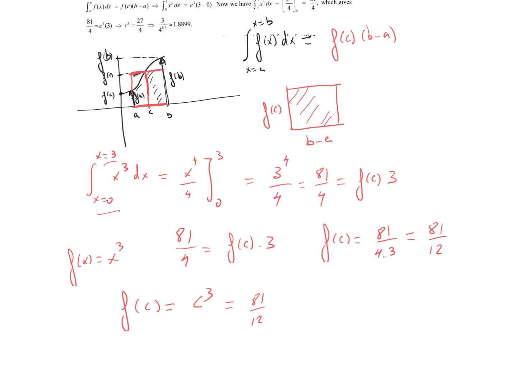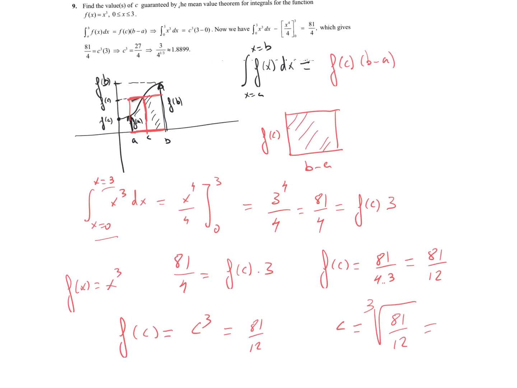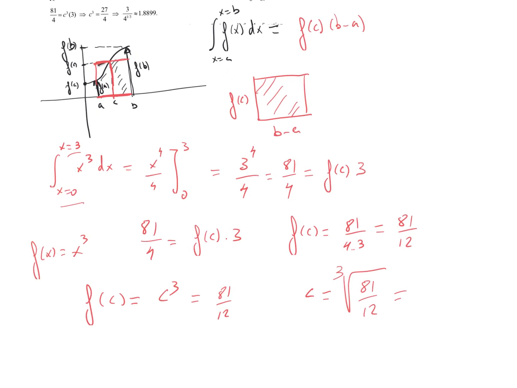As a result, the number c between 0 and 3 is the cube root of 81 divided by 12, which is, I don't know, I don't have time, but it's 1.88. For sure it has to be between 0 and 3, 1.88.